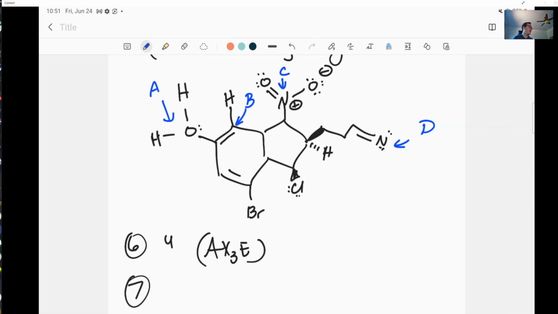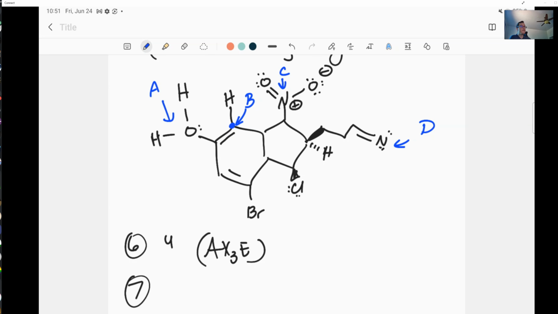And we can do that looking at the hybridization. I think the hybridization is the easiest way, but we can do this a number of different ways. So if we're looking at carbon B, which is this blue one right here, what's its geometry going to be? And then from there, what's its angle going to be?